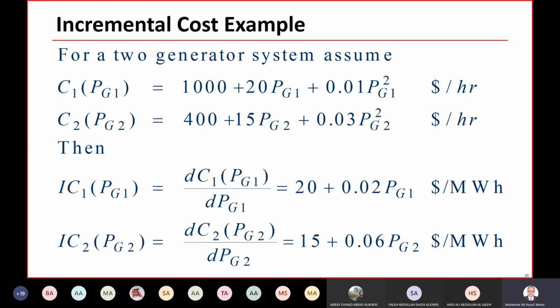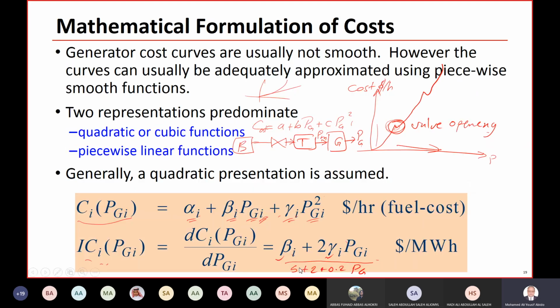So for example, if you go back here, if this is 5 plus 2 times 0.2, 2 gamma times PG.